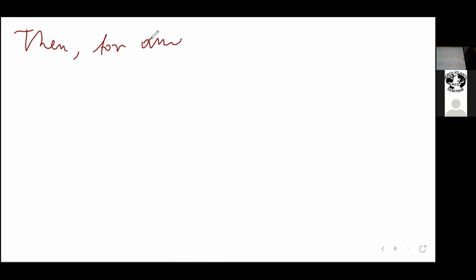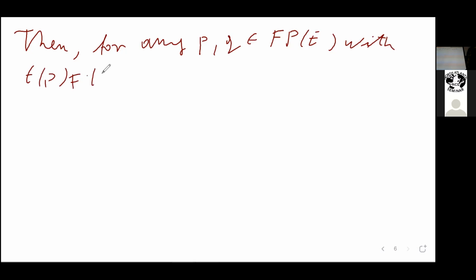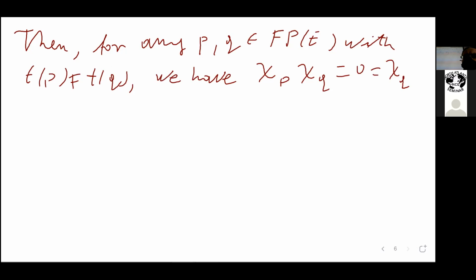For any paths P, Q with, say, different endpoints, which also means different starting points, we have chi P, chi Q is equal to 0 is equal to chi Q, chi P. Okay?